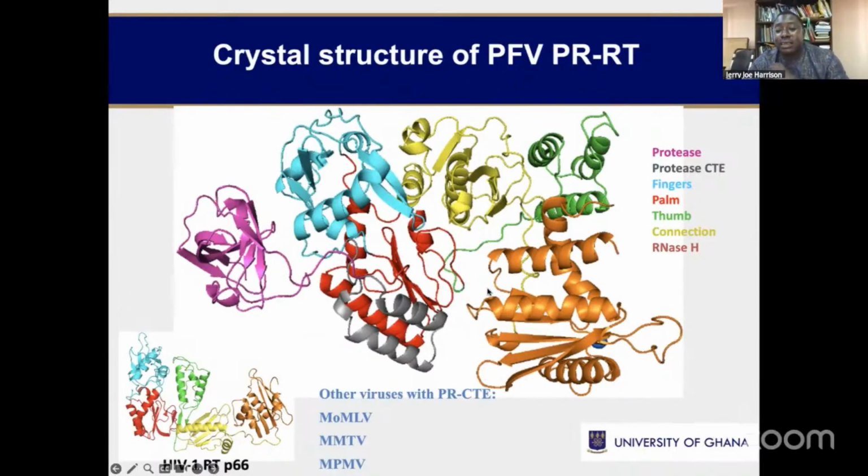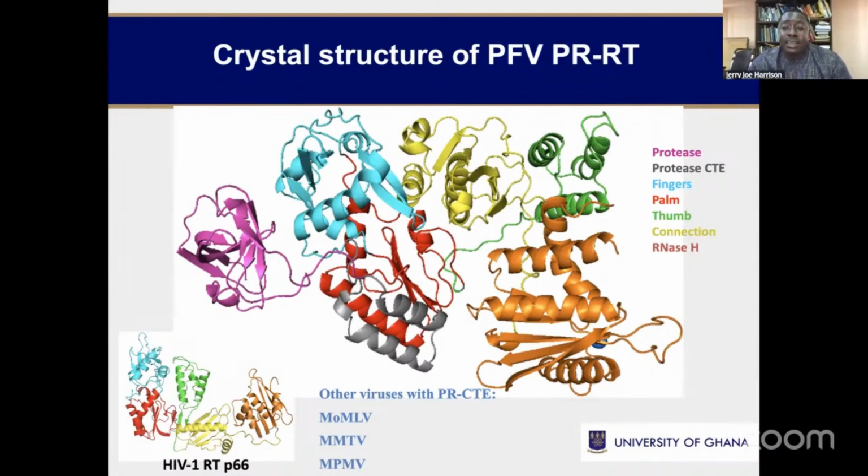Now, this clearly tells us that for this to be able to bind nucleic acid substrate, it has to undergo very severe conformational rearrangement. And that is going to be interesting. Again, how this is evolutionarily of advantage, we don't know yet.